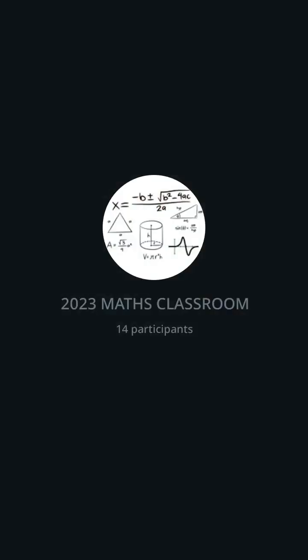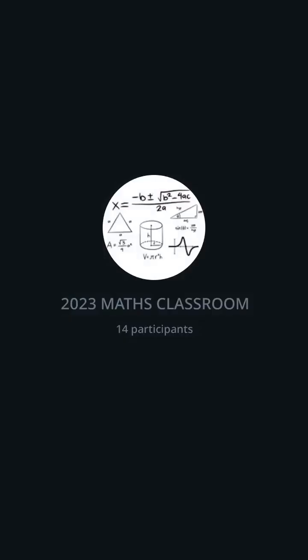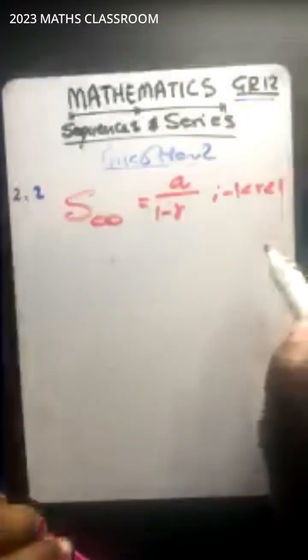This thing has a formula, guys, let me quickly go to the formula sheet. In this case, that is A over 1 minus R, and you use this formula if your R is between -1 and 1.